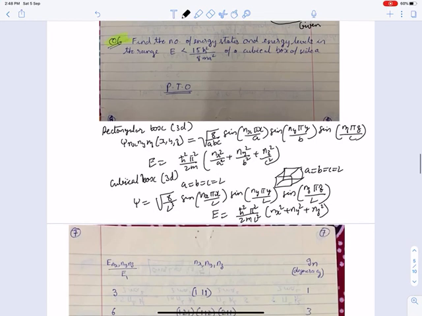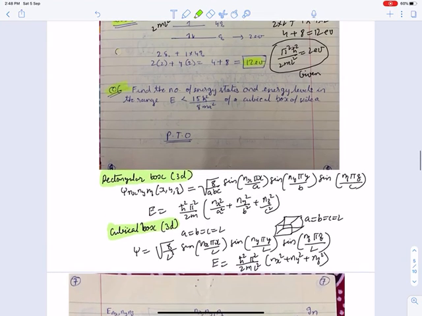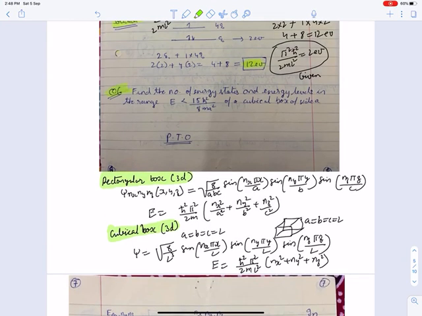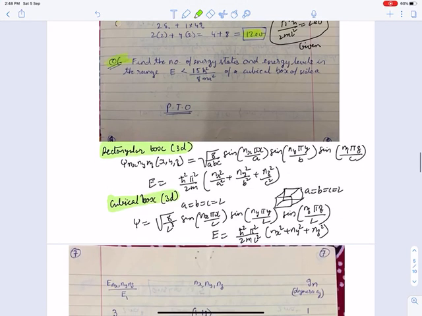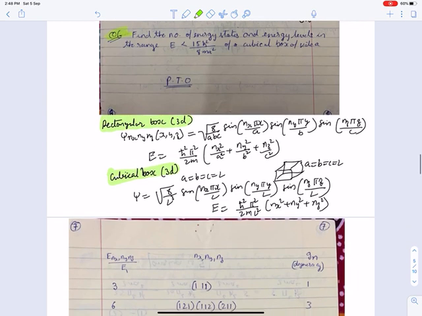So this is your cubical box, and this is your rectangular box. This is the basic requirement of this question.